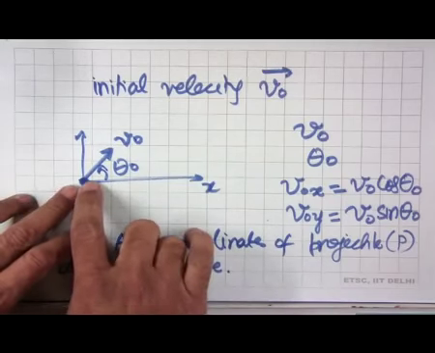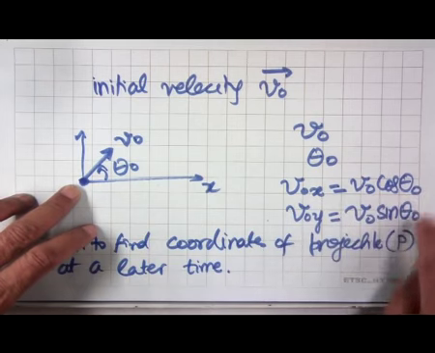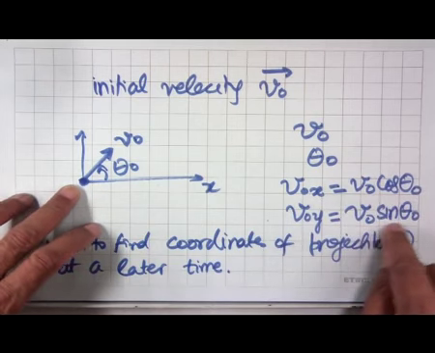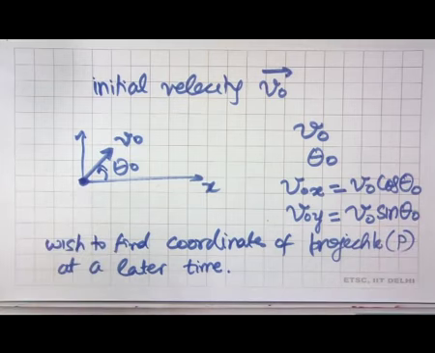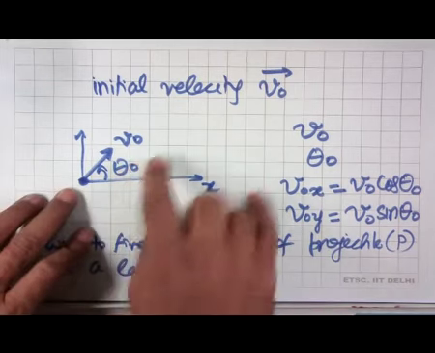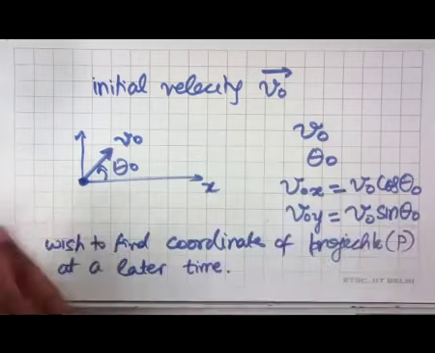So, the particle has been released at time t equal to 0, its x component of velocity is v 0 cos theta 0, its y component of velocity is v 0 sin theta 0, and the acceleration which it is experiencing is only in the minus y direction. The acceleration in the x direction is 0.